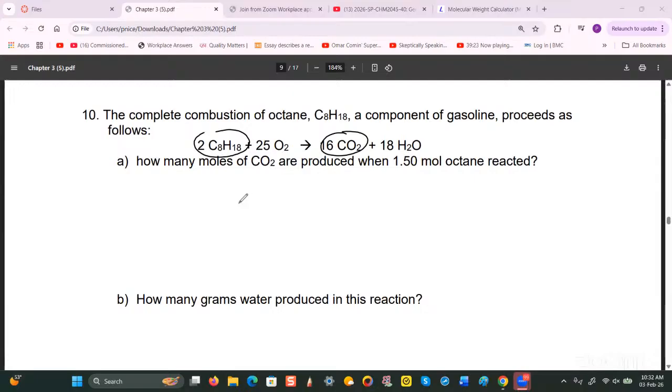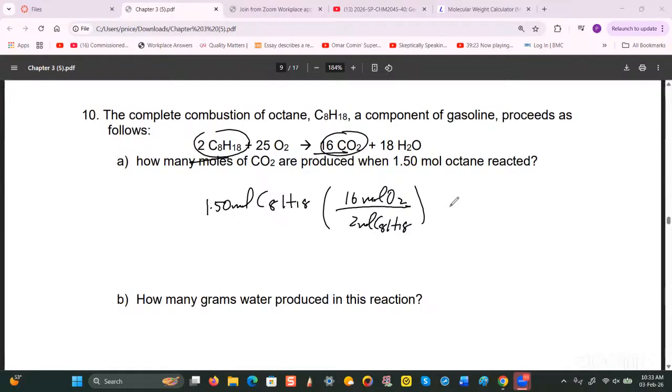So what I would do is start off with the 1.50 moles of C8H18. And then I would multiply by a conversion factor, which represents the mole relationship between the carbon dioxide and the octane. That is 16 moles of carbon dioxide over 2 moles of C8H18. Right?